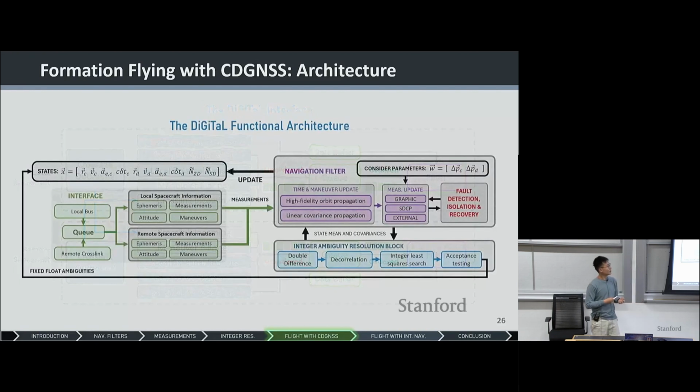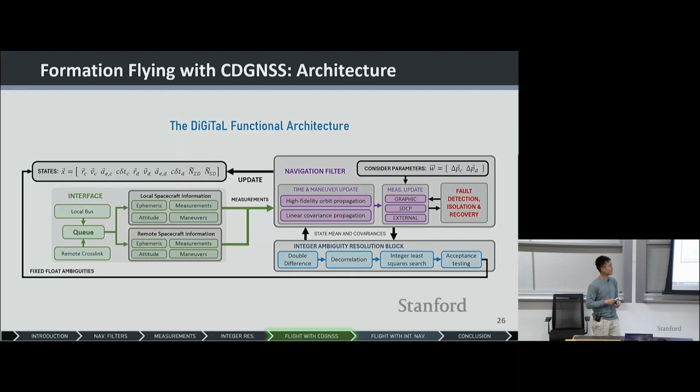In DiGiTaL, which is what we call our carrier phase differential GNSS flight software, it stands for the Distributed Multi-GNSS Timing and Localization Flight Software. DiGiTaL, by default, estimates the following set of states. There are positions, velocities, empirical accelerations, which I talked about very briefly at the start, and your receiver clock biases for a single spacecraft.